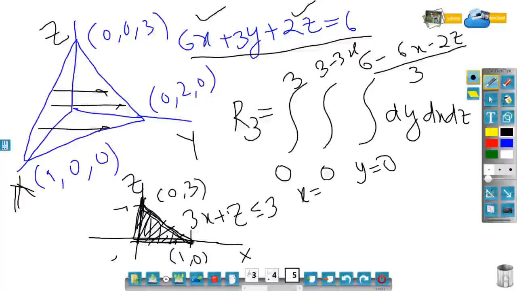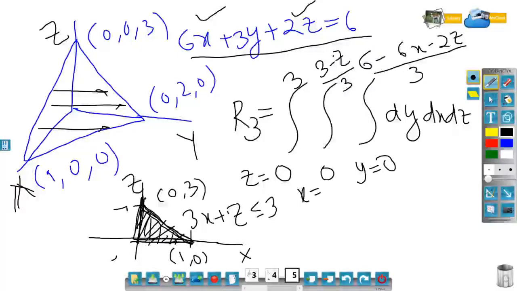So I need to write down the z limit. So x is (3 minus z) upon 3, and z ranges from 0 to 3.